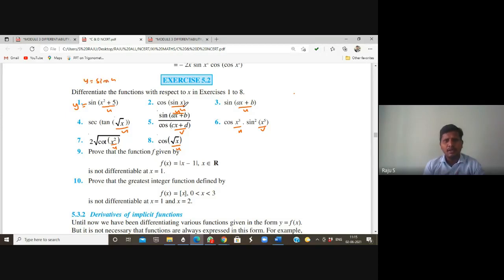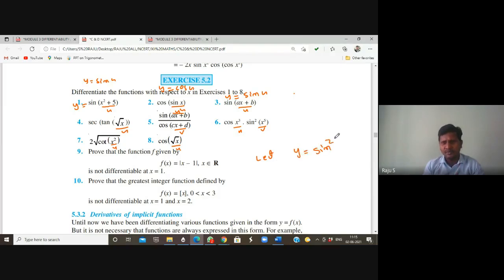Simple. Next, when I consider sin x as u, y is equal to cos u. With ax plus b as u, y is equal to sin of u. Because you know, for each and every function, first of all, we can consider the given function as y.